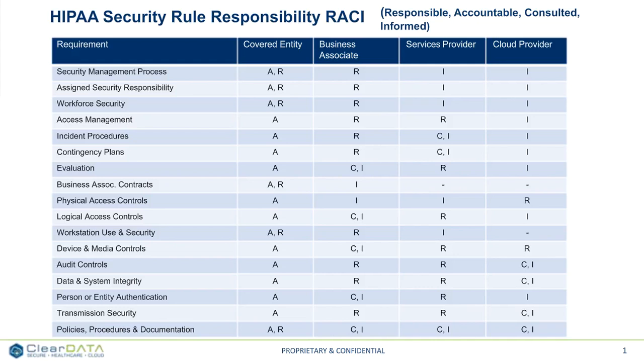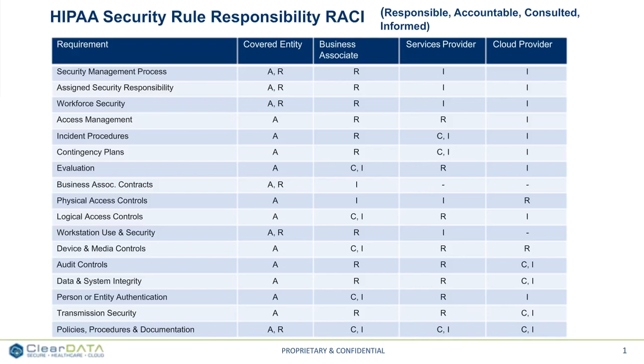These are the high-level categories that you need to think about in the HIPAA security rule. So again, these can change depending on the use case. Overall, we see that the business associate and the covered entity are joined at the hip. The service provider would be the managed cloud provider, and the cloud provider itself would be those foundational services.